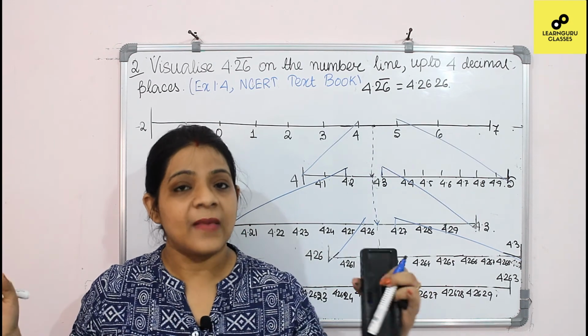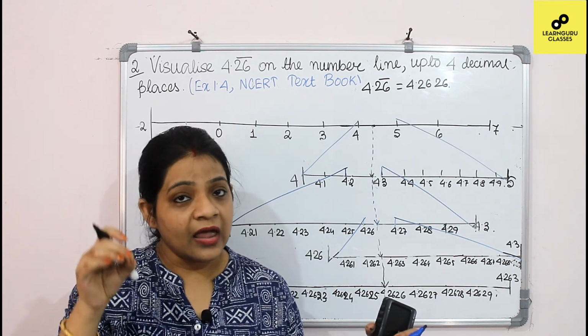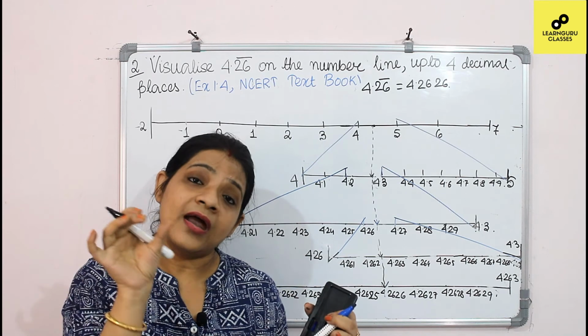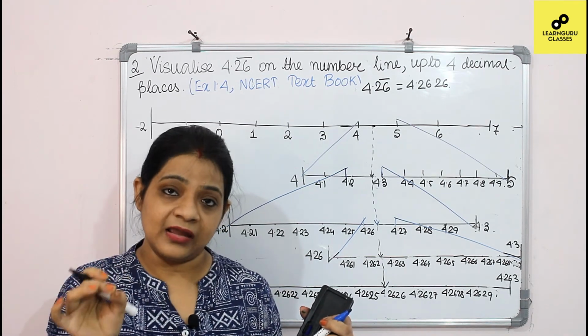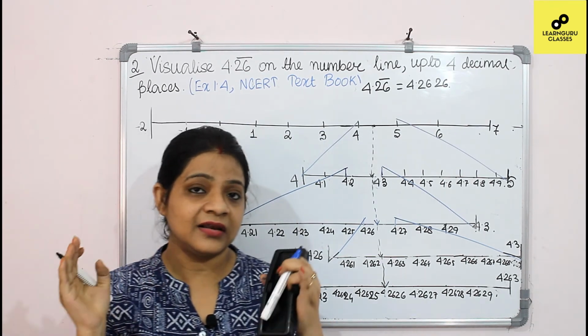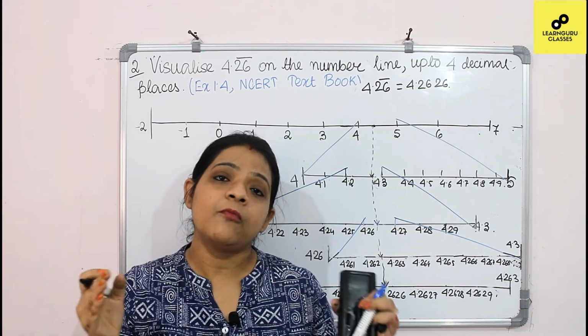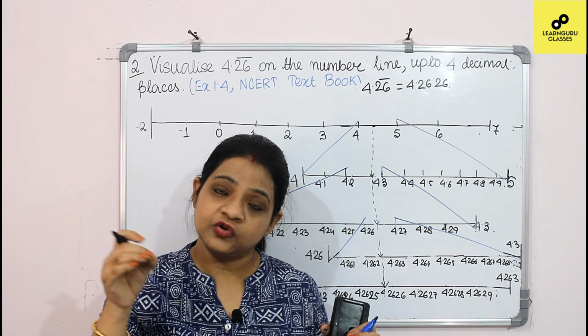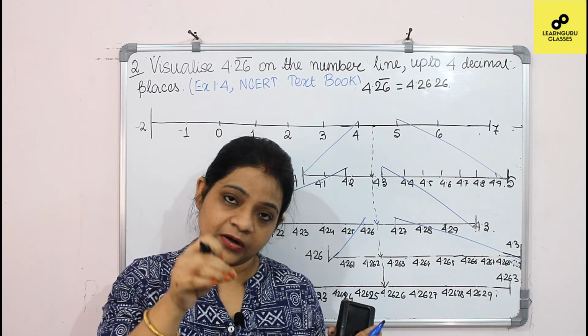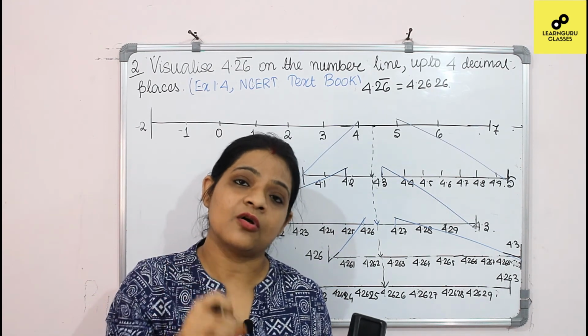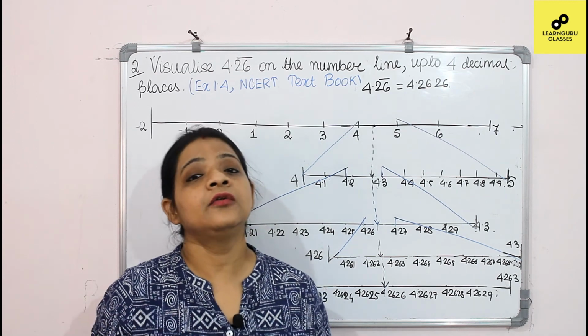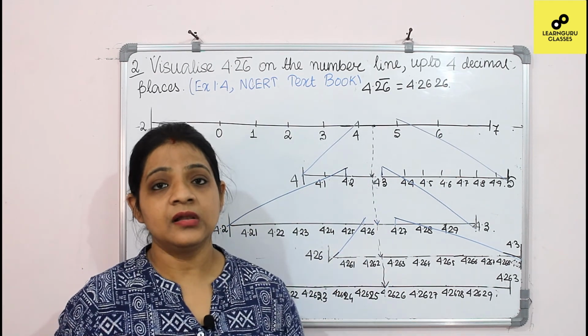You draw a basic number line, assume or guess where the decimal number will lie between the two integers, and after that you keep on enlarging the area, assuming that the decimal number is available at that particular point, till you get the exact decimal number.